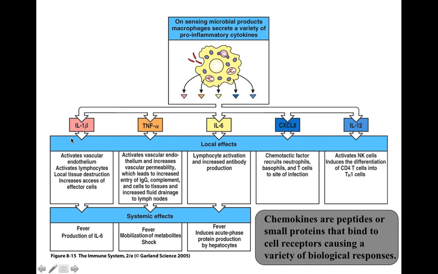For example, IL-1 beta is involved in fever production. TNF alpha is also involved in fever, mobilization of metabolites, and can be involved in shock activation. IL-6 causes the activation of lymphocytes. It is also involved in fever, and it can induce acute phase protein production by hepatocytes.